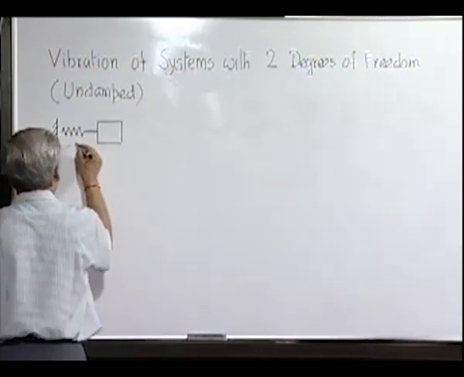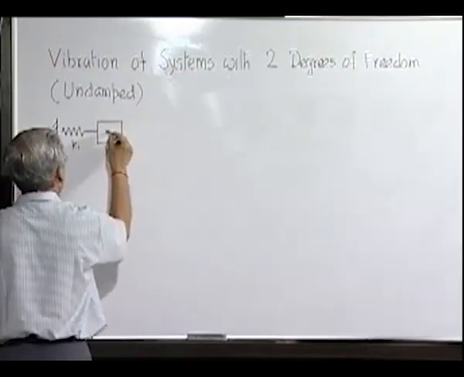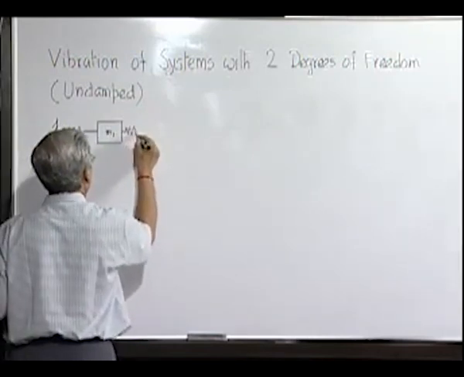Now let us start investigating one 2 degree of freedom system of this lumped parameter type.